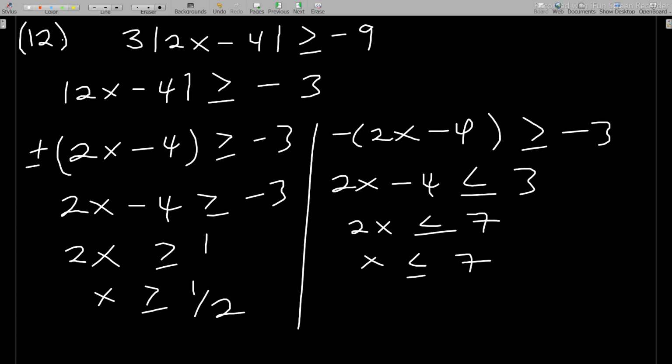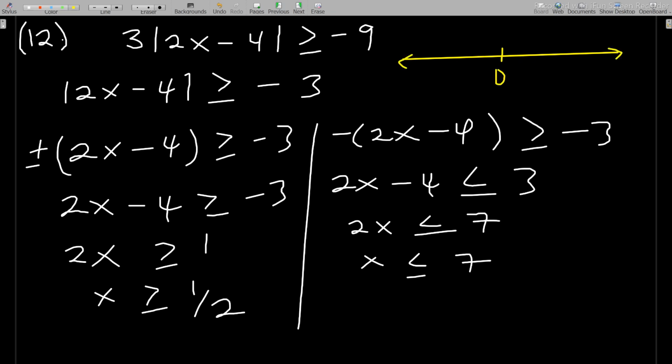Once our steps are right, let's try to draw or verify this on a number line, to see if indeed the solution will be all real numbers. I'm not sure because of the expression inside the absolute value. So since we are saying that x should be greater than half, I have 0 here.